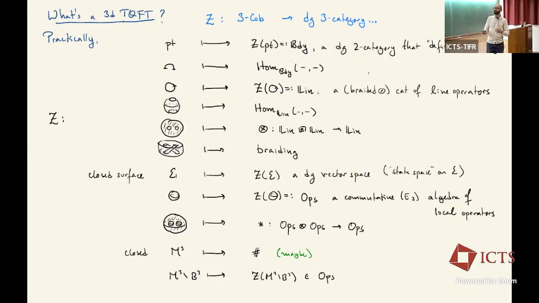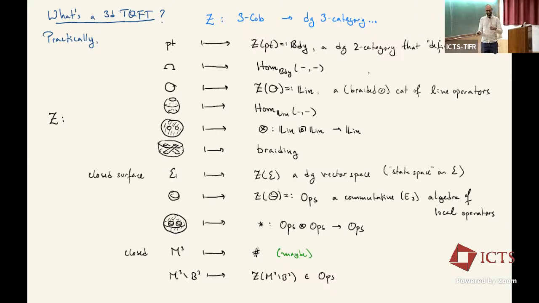So to a closed surface, one expects to get a vector space. The vector space assigned to a two-sphere is special because it has a canonical product on it, and the product comes from a 3D pair of pants, or a ball with two little balls removed.